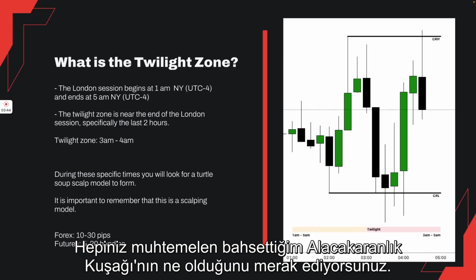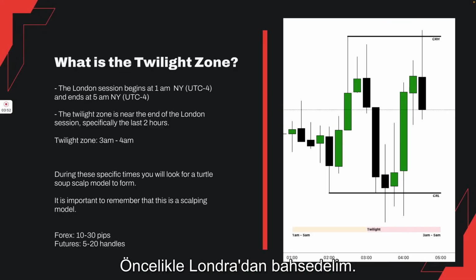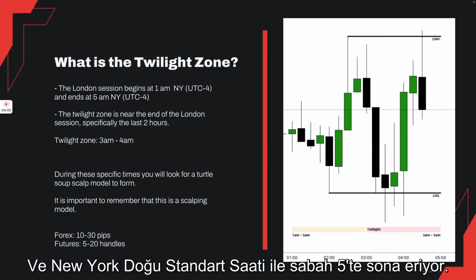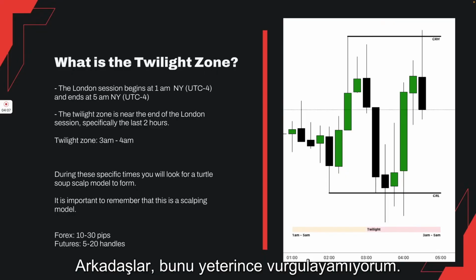You guys are probably all wondering, what is this Twilight Zone that I might be referring to? Well, first off, let's talk London. The London session starts at 1 a.m. New York Eastern Standard Time and ends at 5 a.m. New York Eastern Standard Time. Guys, I can't stress this enough.